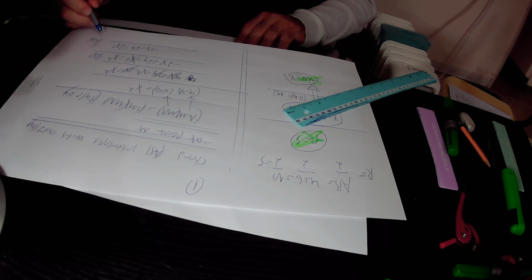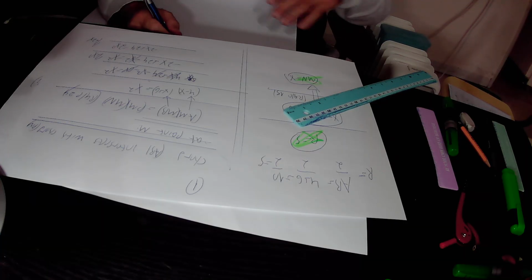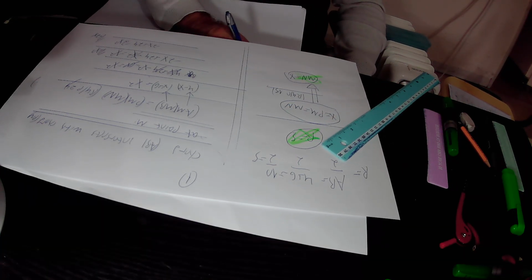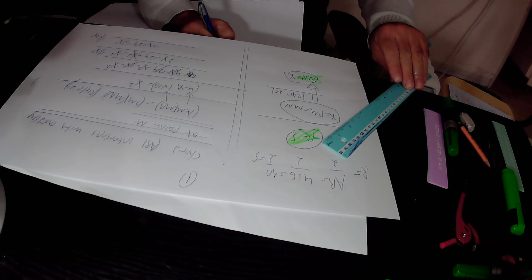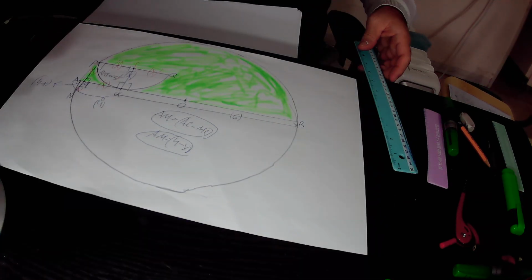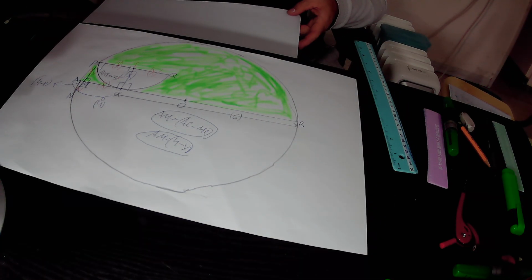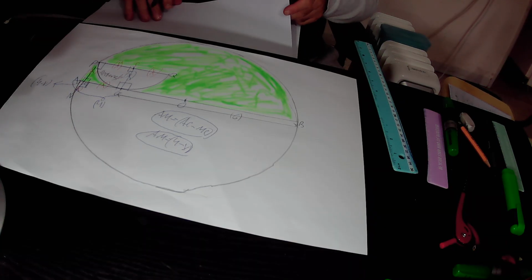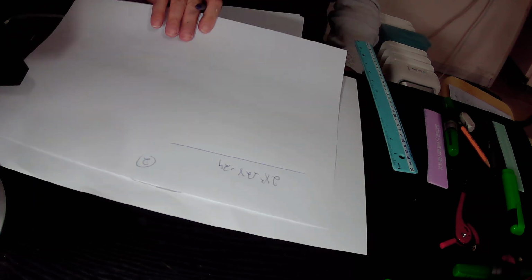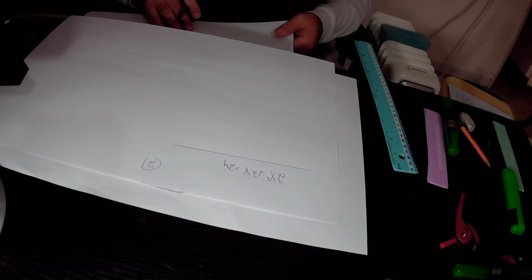If I can get that two x squared plus 2x equals 24.